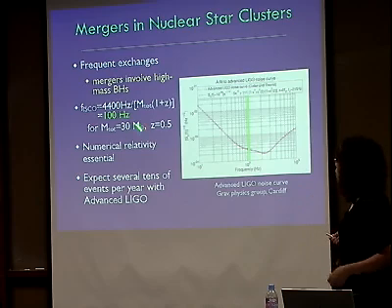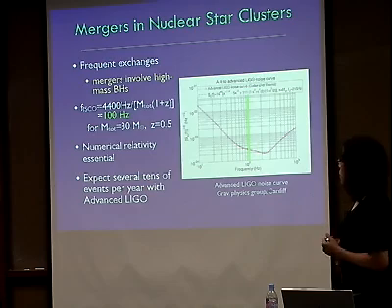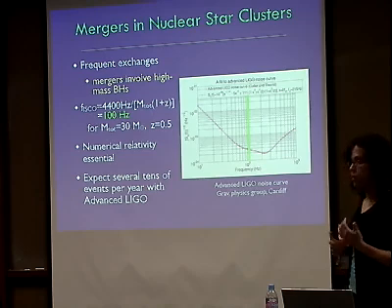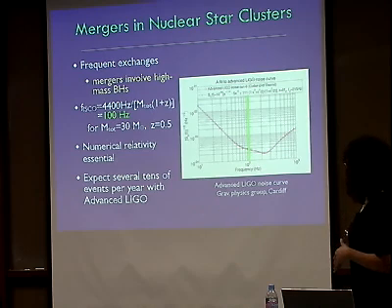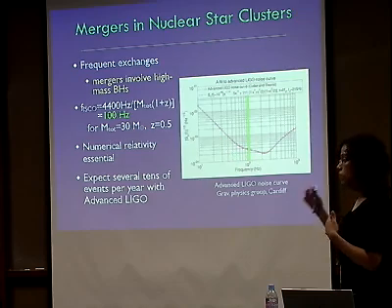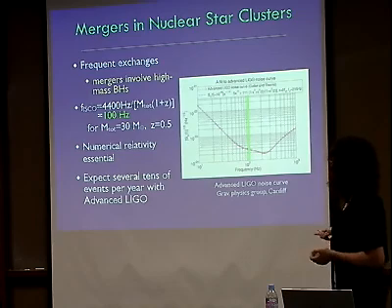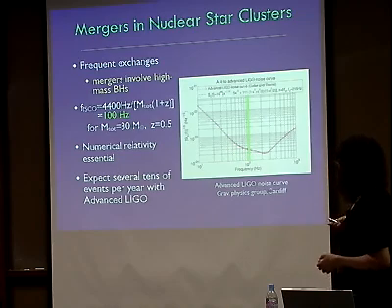So for about 30 solar masses at a redshift of 0.5, the frequency at ISCO is 100 hertz. So that's here on this green bar. As you push the mass up, and the frequency down, so if you allow for more massive black holes, you're going to decrease this frequency. You're pushing up into the region of less sensitivity.